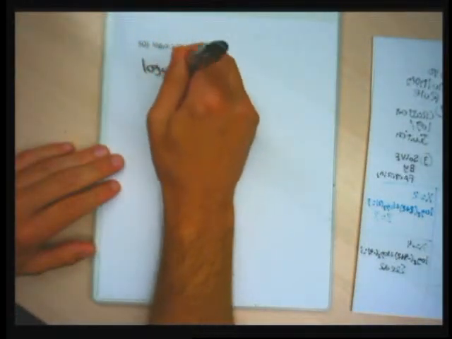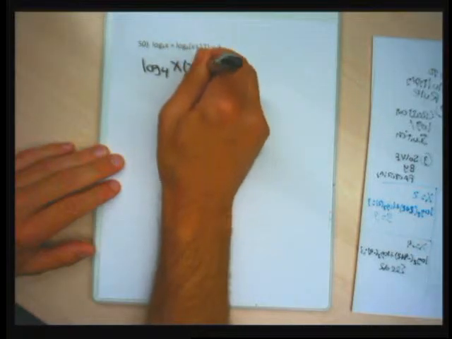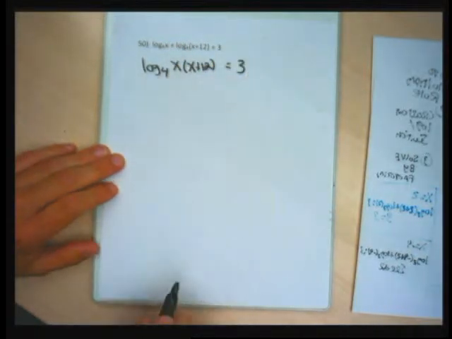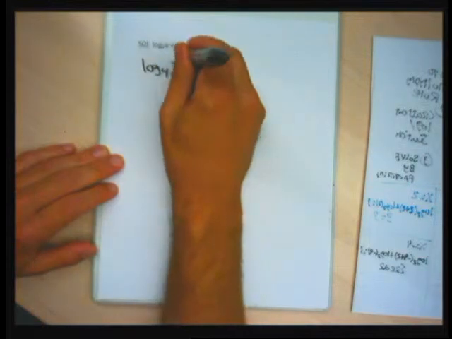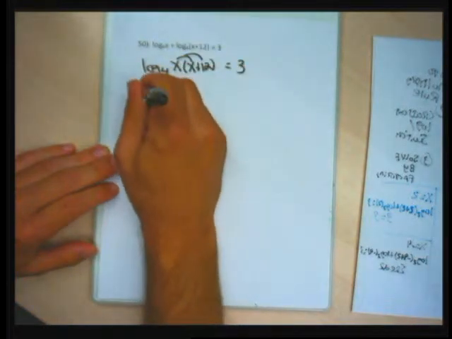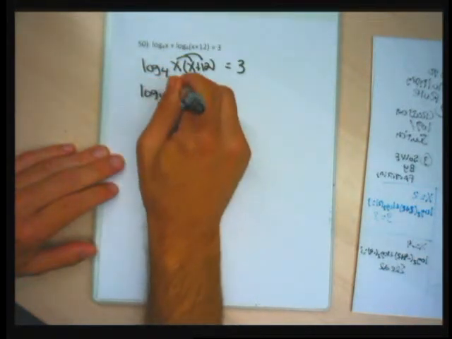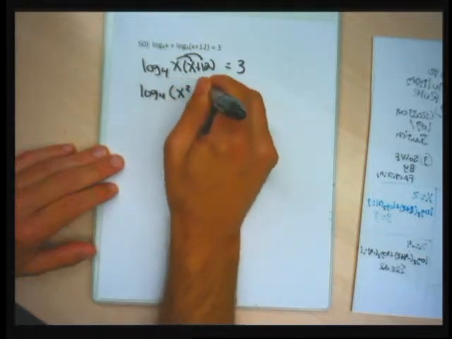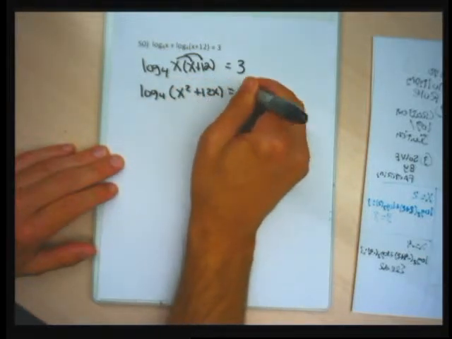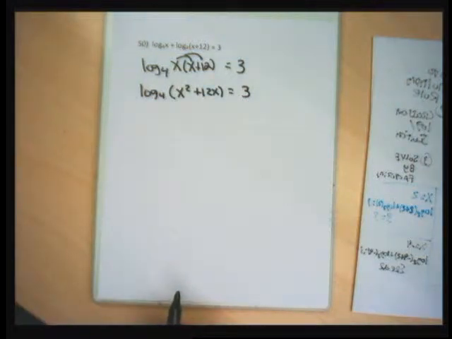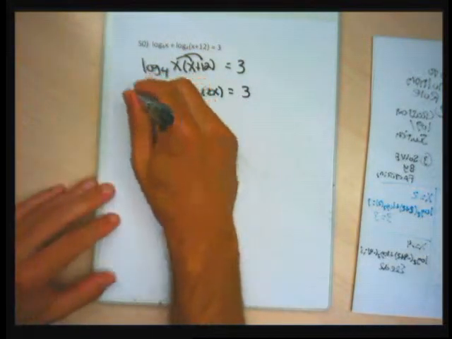So first, using the add to multiply rule to make the two logarithms into one. Multiply x times x and get x squared, x times 12 and get 12x. Cross out the logarithm, switch.